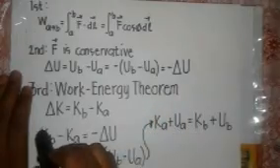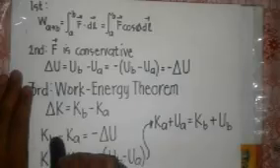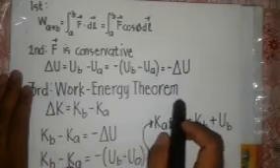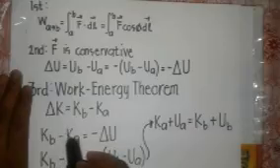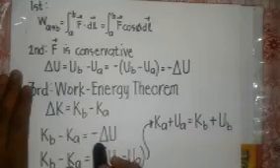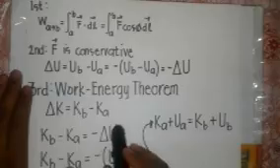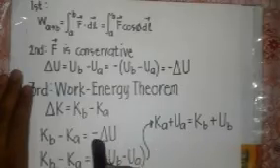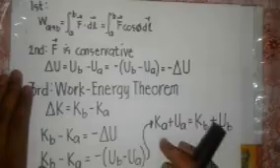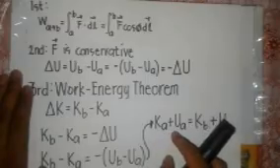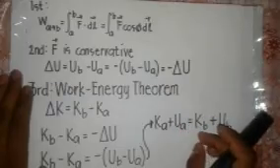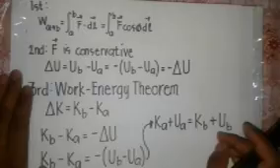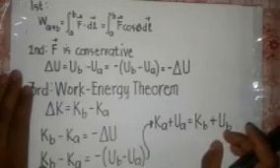So we equate the work energy theorem and the negative change of our potential energy. We get the kinetic energy at point B minus the kinetic energy at point A equals the negative change of our potential energy. And this gives us the kinetic energy at point A plus the potential energy at point A equal to the kinetic energy at point B plus the potential energy at point B.